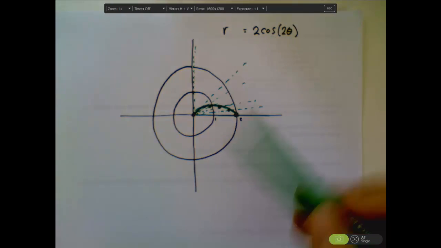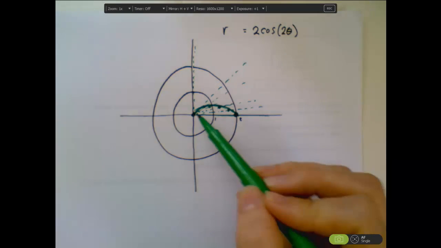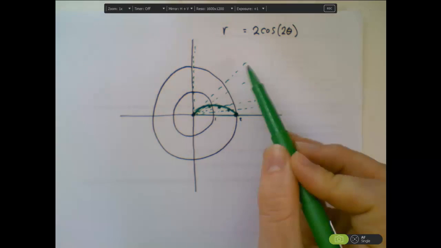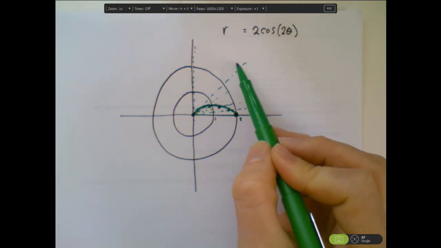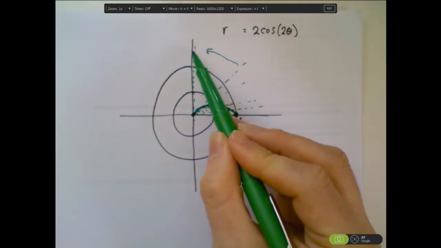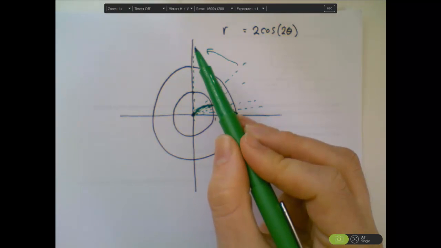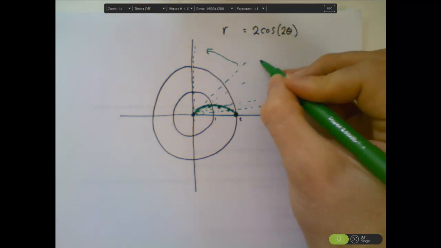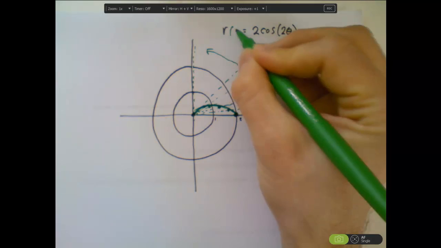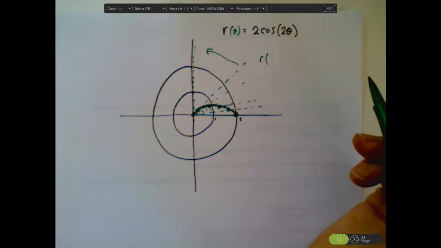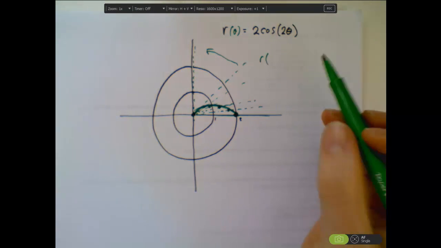Okay, this next section is going to get a little bit trickier. So I know when the angle is pi over 4, my r value is 0. What happens as the radar sweeps in this direction up to pi over 2? This one I'm going to write out. This is an equation that's r of theta, because r is a function of the angle.